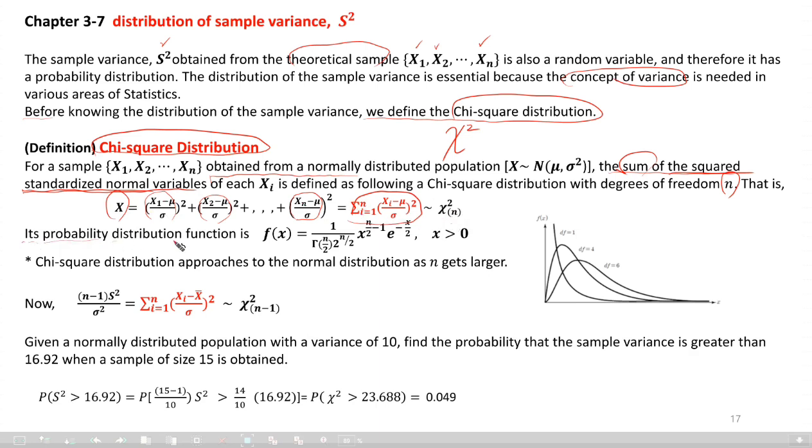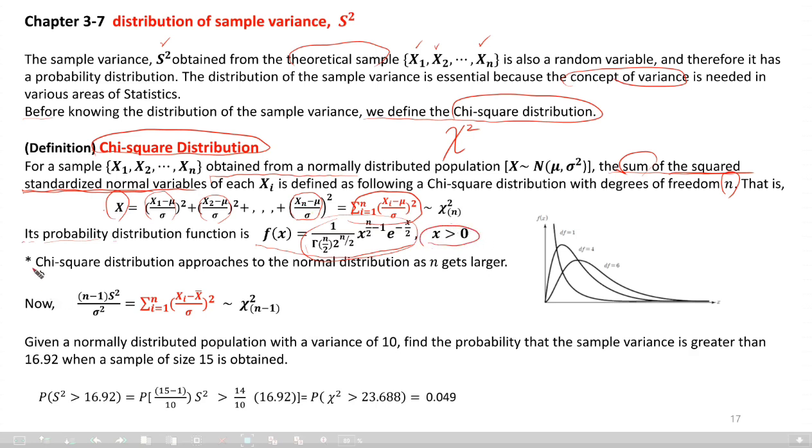Its probability distribution function f of x, chi-square, involves the gamma function. You don't have to understand this kind of notation, and you don't have to memorize this probability distribution function. Anyway, it is a very complicated function, defined for x greater than 0, of course, because all items are squared, so never negative.